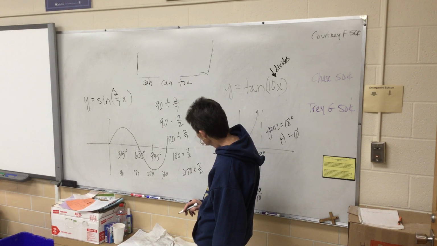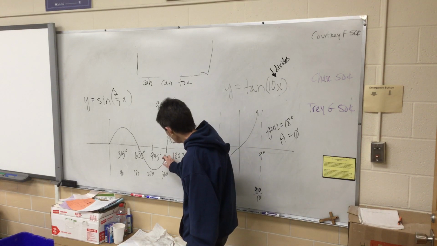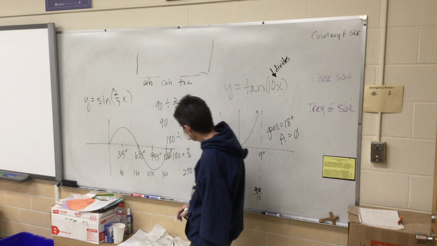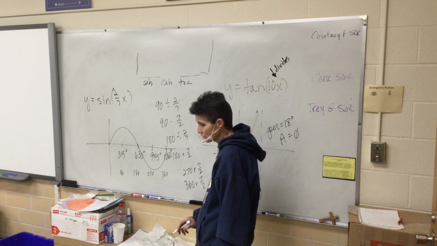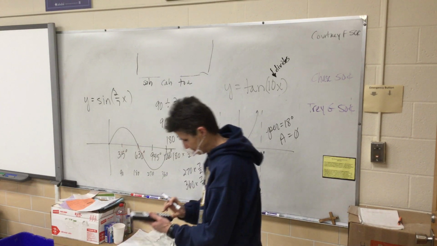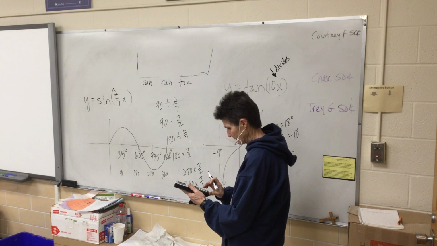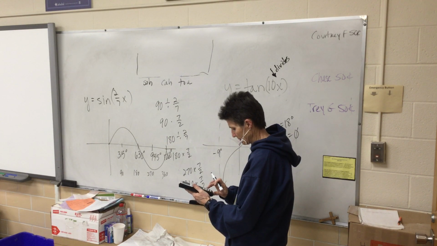And the last one will be 1260 because it's 360 times 7/2. Now I'm going to double check those just to make sure. I checked them. Hey, we finished a whole section today.